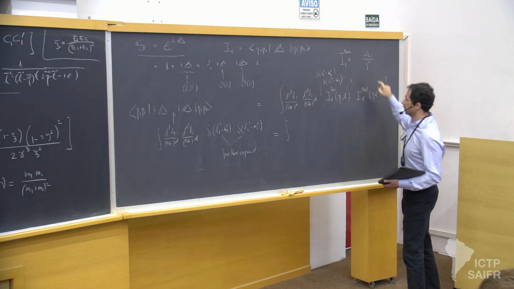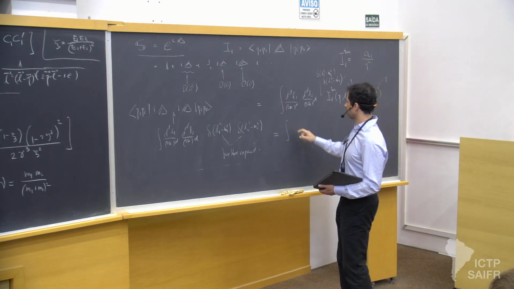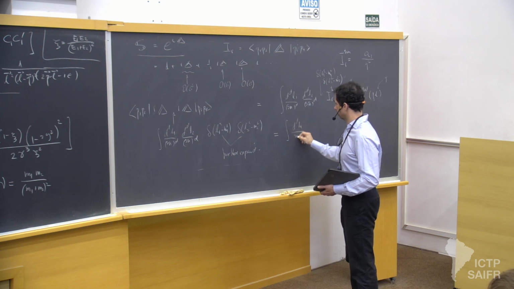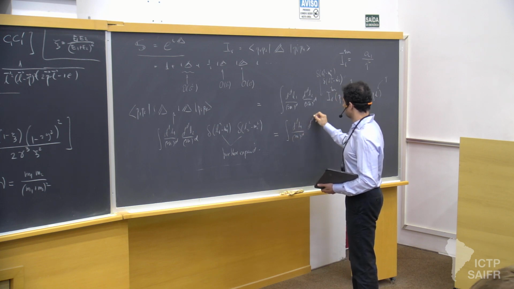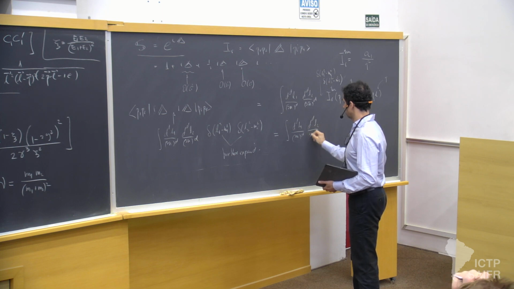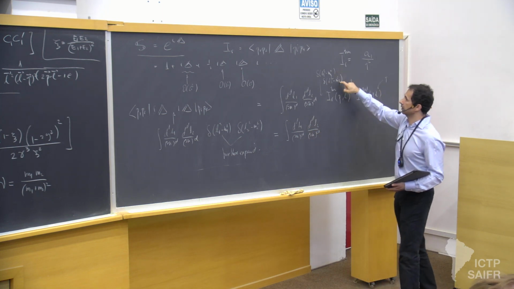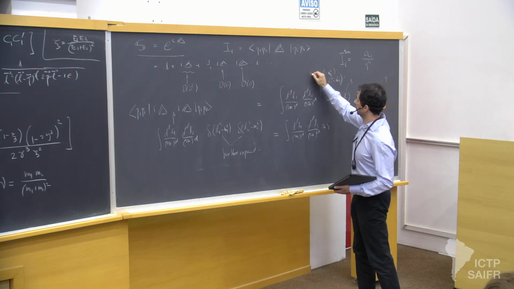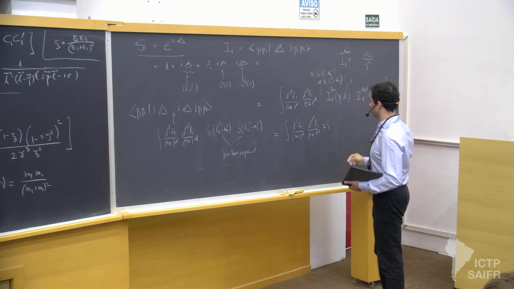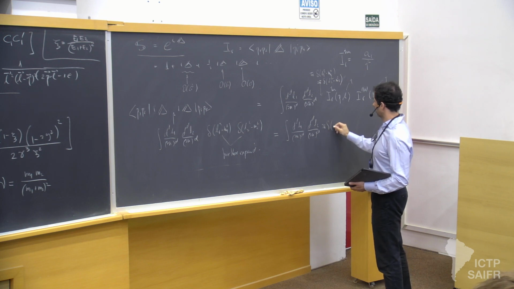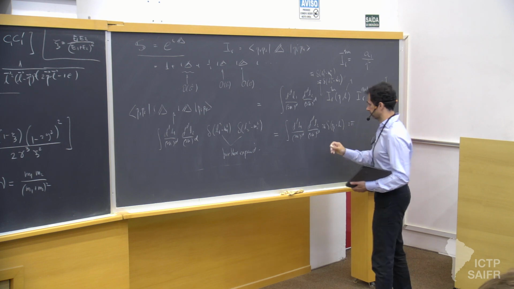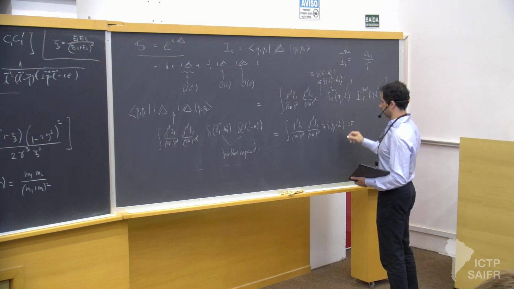So if you use this in here, then this happens to be d^d L1 over 2 pi to the d, d^d L2 over 2 pi to the d. And then expanding these leads to some 2 pi's here: 2 pi delta of P1.L1.